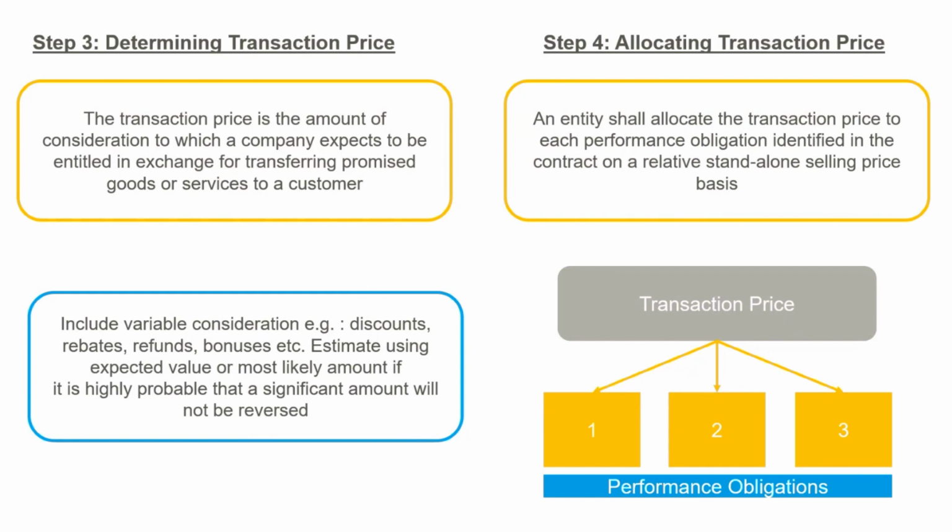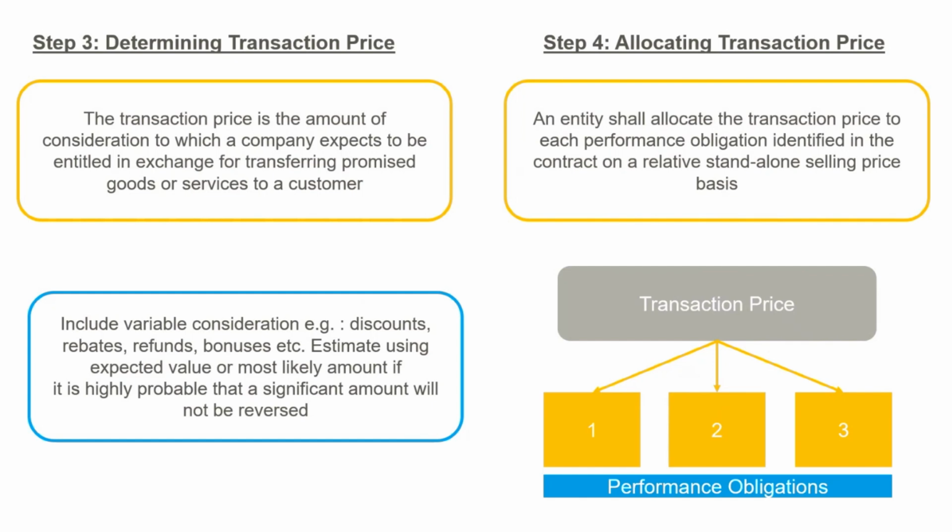So when there is variable consideration, that should only be included in the transaction price if it is highly probable that a significant reversal of the revenue will not occur when the uncertainty is resolved. Highly probable means more likely than not. That's the first judgment that needs to be made in relation to variable consideration.